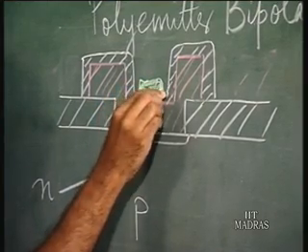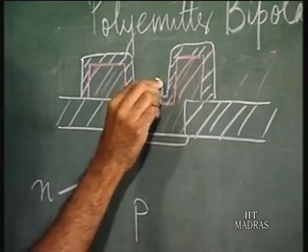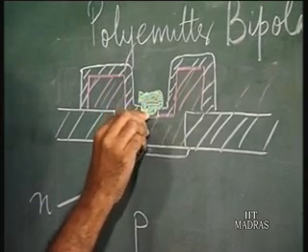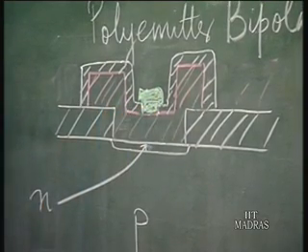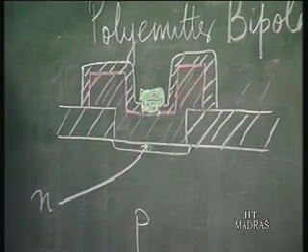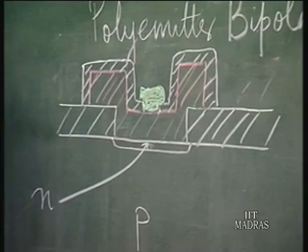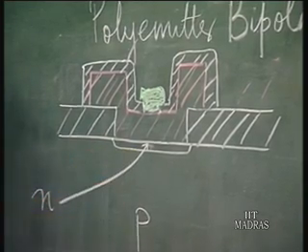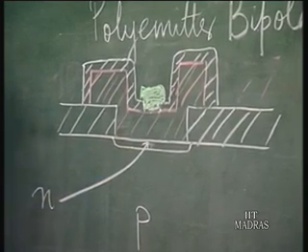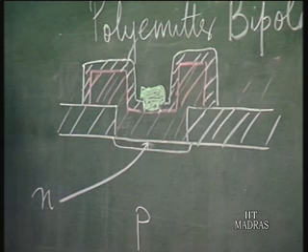Okay. So, this is the emitter contact. All right. So, you see this is the emitter base junction structure here, polyemitter of a polyemitter transistor. Okay.